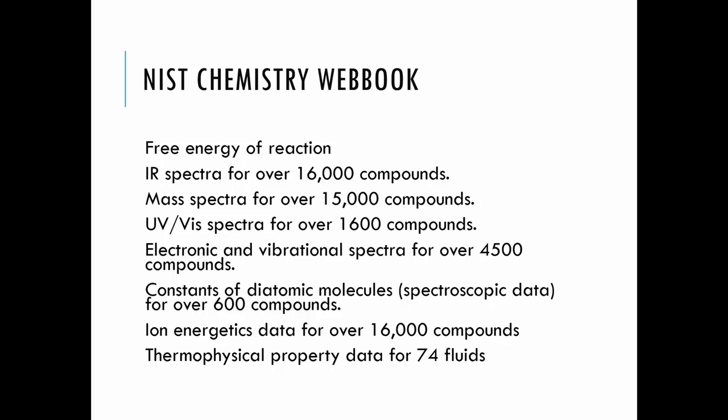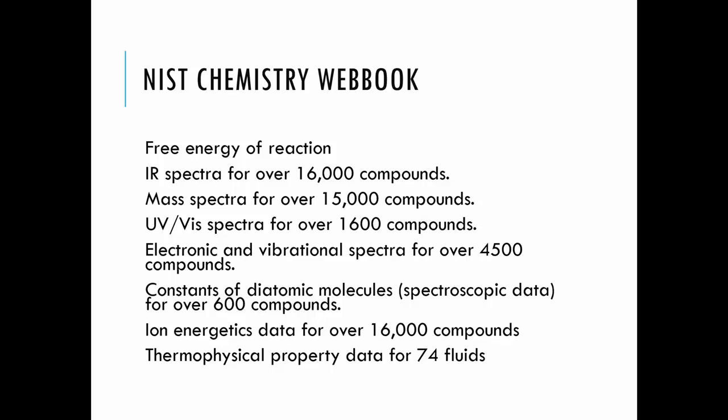Okay, the NIST Chemistry Webbook. NIST is a government agency, National Institute of Standards and Technology. They used to be known as NBS, National Bureau of Standards. I have shown this database to students for over 20 years, since my early days at NJIT, and it has not changed.